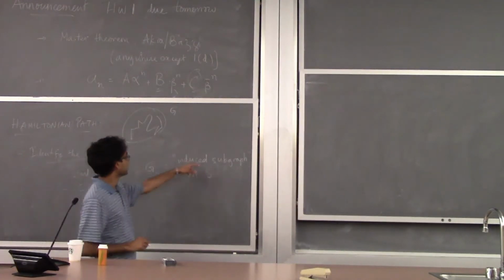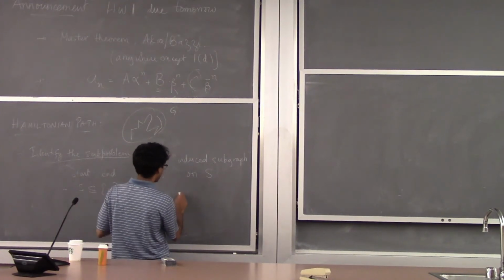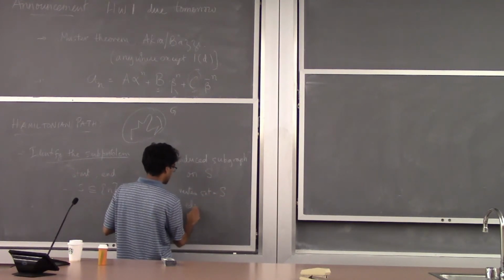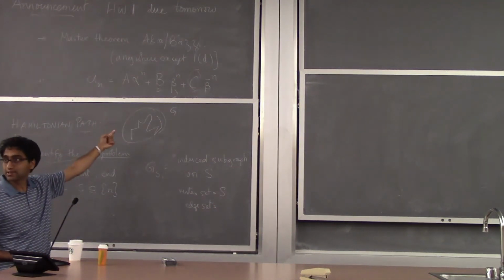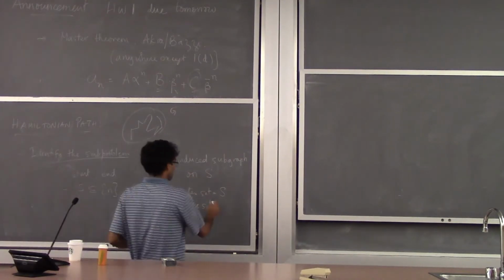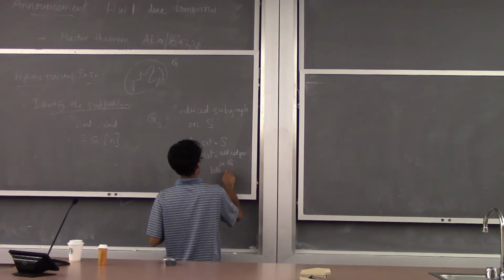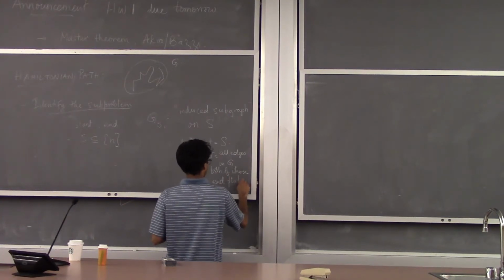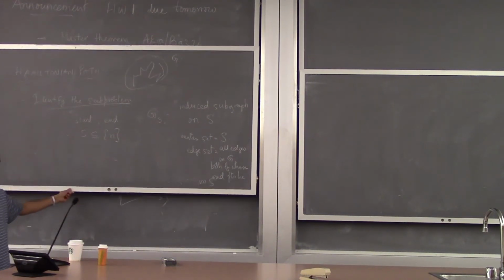Has anyone not heard of this term before? It looks fancy, but it's very simple. All it means is that the vertex set is now S, and the edge set is just all the edges in G, both of whose endpoints lie in S. Hopefully all of you can see this.